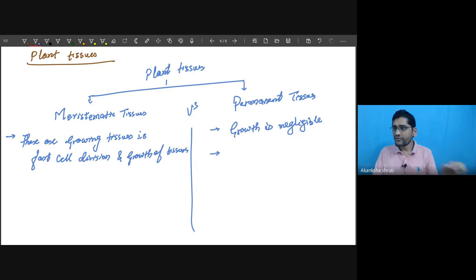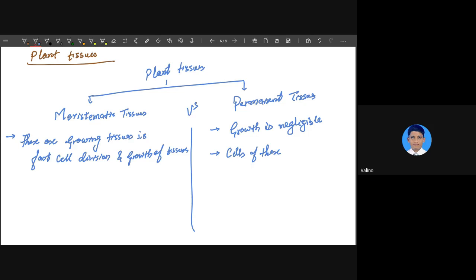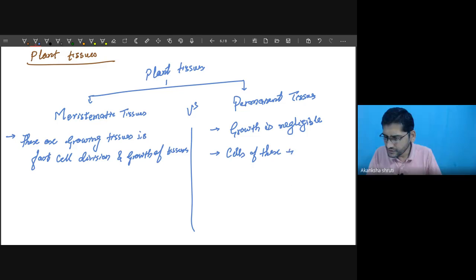These are for a specific task, meaning the cell is performing a specific task, meaning these cells are specialized for that purpose only. So, cells of these tissues perform the task assigned.